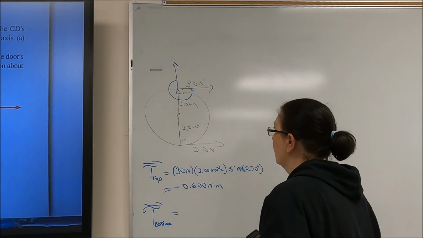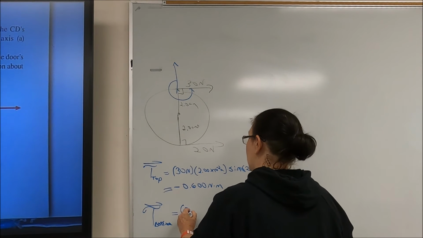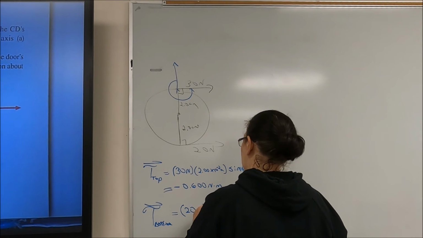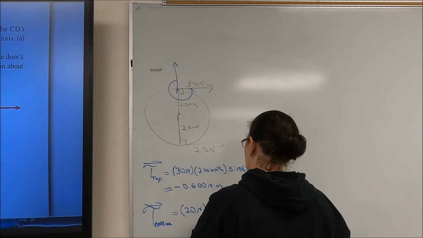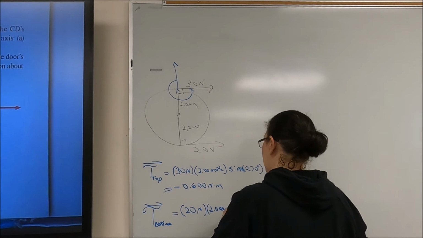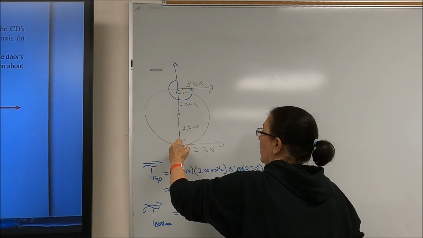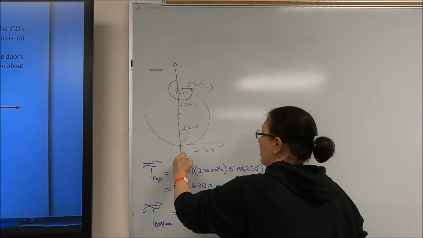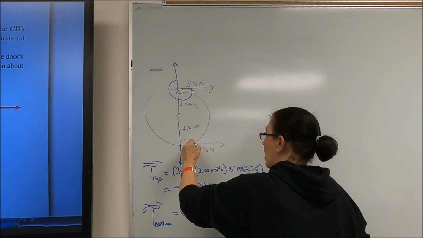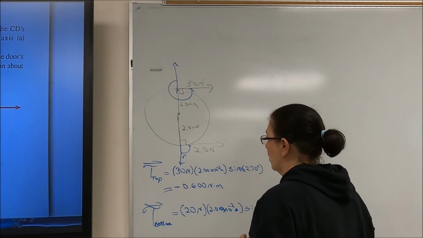If I look at the torque from the bottom, it's going to be 20 newtons times 2 times 10 to the minus 2 meters. Now, I extend this out. This is R. Counterclockwise around to the force.